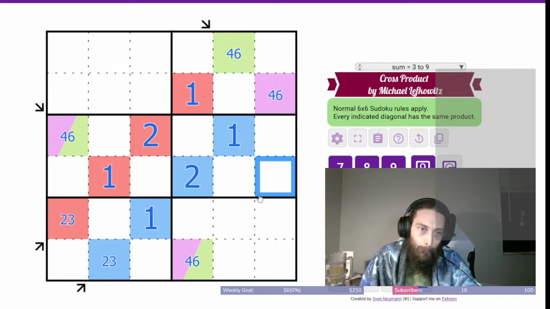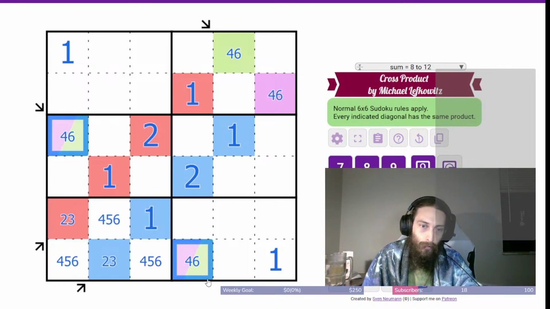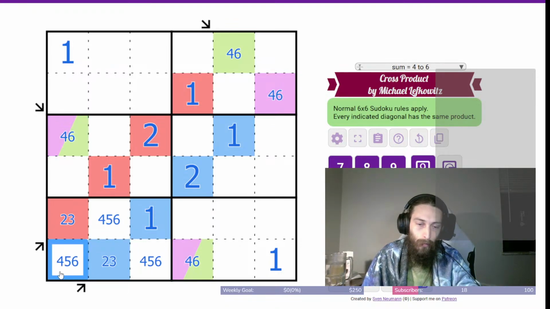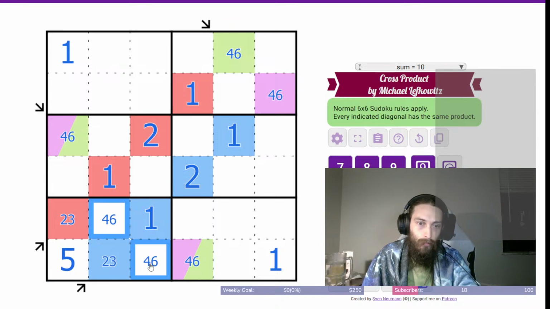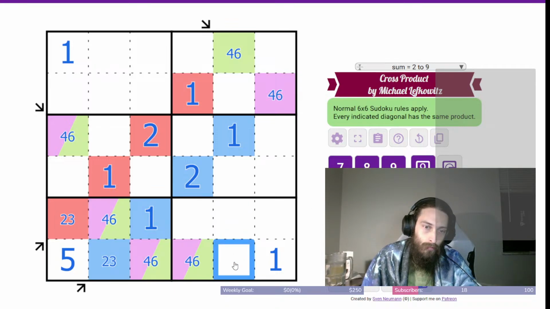Now the ones can be finished off. Well, we know that those 2 are different, and they both see that, so this is a 5. This is 2 or 3, and it's going to have to be whatever that digit is.